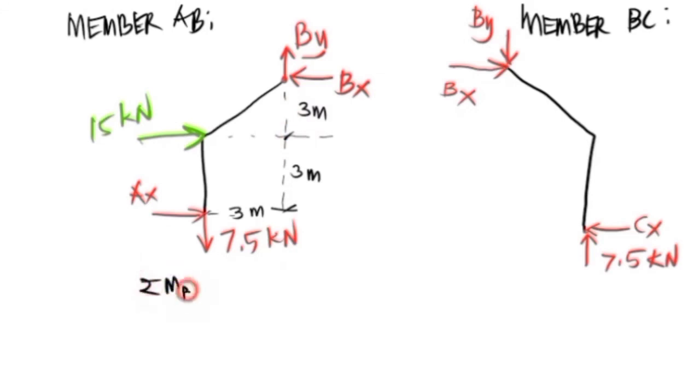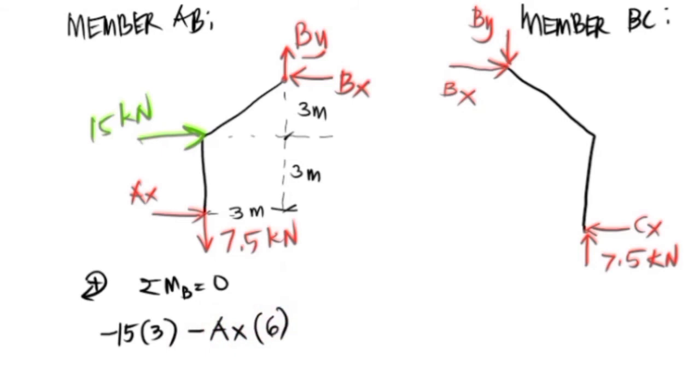Summation of moment at point B is equal to 0, taking the clockwise direction as positive. For the 15 kN load, since we are taking the moment at point B, 15 kN will create a negative moment, so that's counterclockwise. 15 kN multiplied by the perpendicular distance 3 meters. AX will create a counterclockwise rotation, so we would have negative AX multiplied by the perpendicular distance 6 meters.